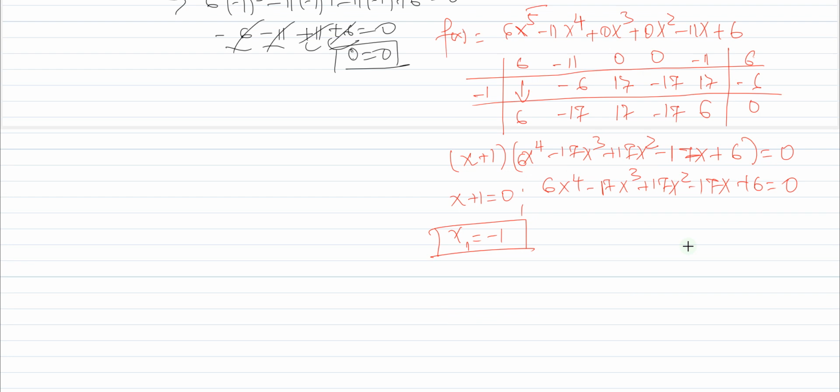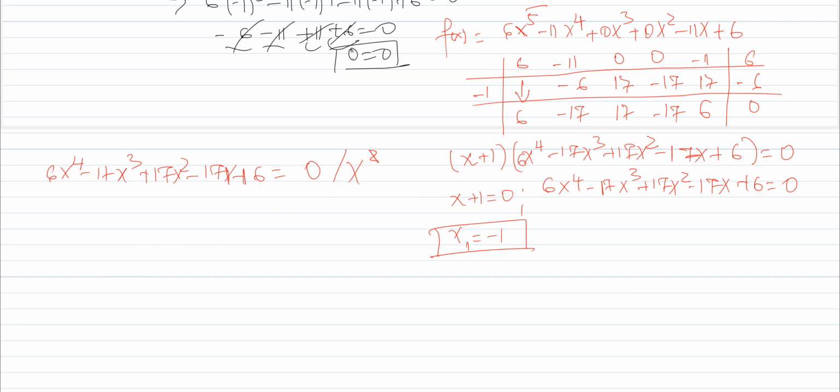Let me write this here: 6x to the 4 minus 17x cubed plus 17x squared minus 17x plus 6. This is a lot of 17. From here I'm going to divide. If I plug 0 into this equation, it's not a root, so I can divide all by x squared.